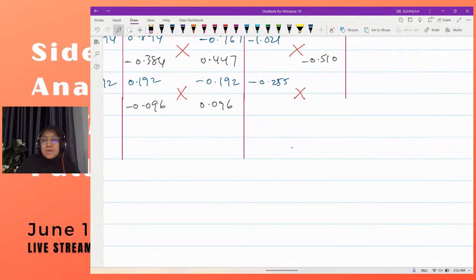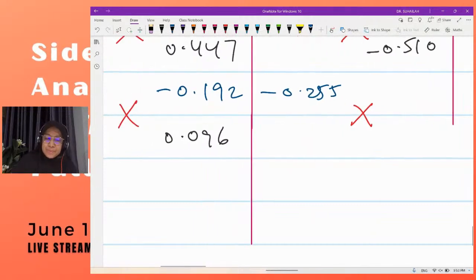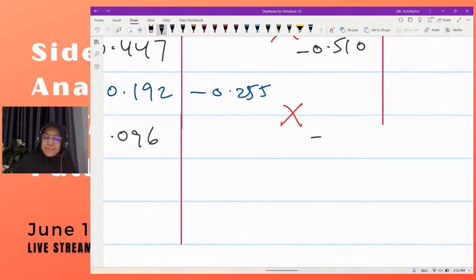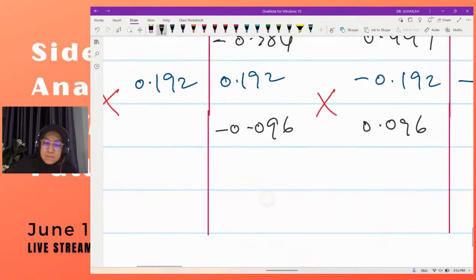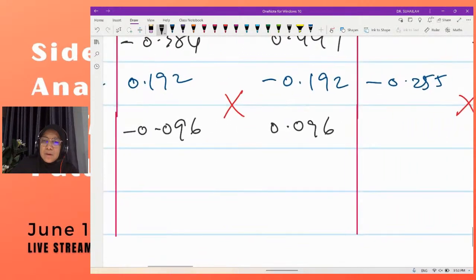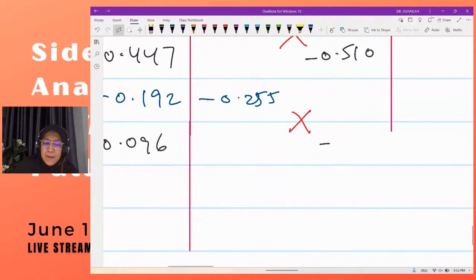And last one, 0.255. 0.255 divided by 2. So it is negative 0.128, yeah? Divide by 2, we get 0.128.